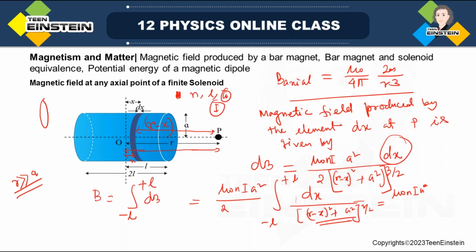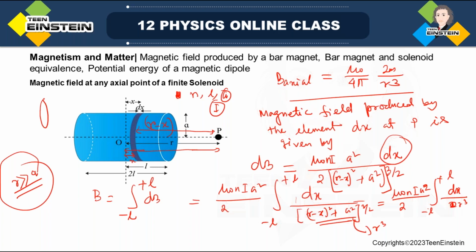So minus L to plus L, dx divided by, I'll approximate this part under the condition when r is much greater than the radius, so I can approximate this as r cube only, 2 r cube.